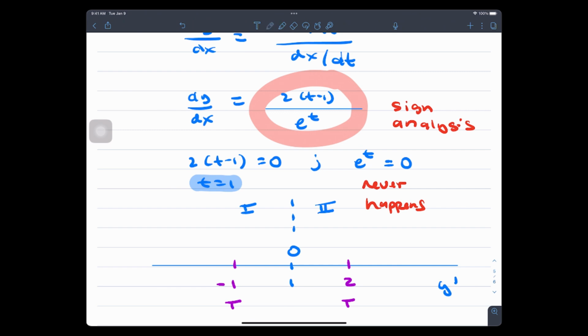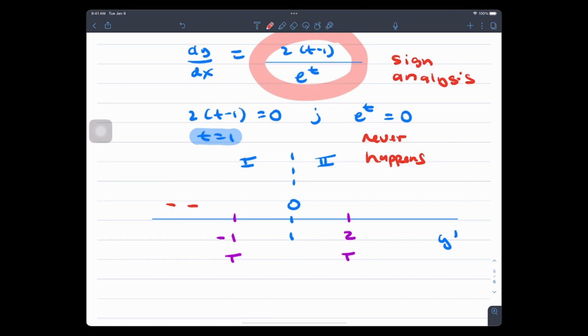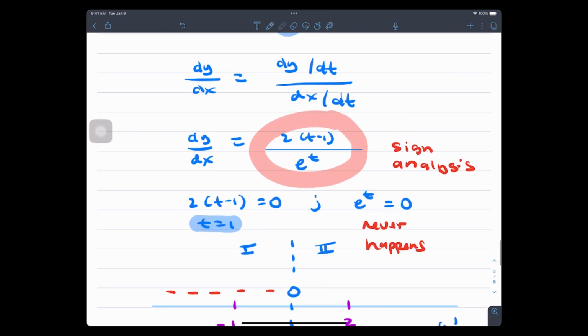So here's my point. Region 1 is negative. Plug in the test point of 2. T is 2 now. The denominator, e squared, is positive. But the numerator is also positive because 2 minus 1 is 1, and 2 times 1 is 2.